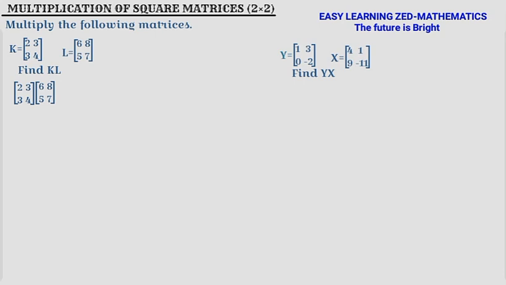If you are not sure how to multiply matrices, there is a video, and I've put the link in the description box, where I explained how matrices are multiplied. You can check the description box and you'll find the link for the video. In the first lesson of multiplication, I talked about how matrices are multiplied and how you can consider matrices that can be multiplied.